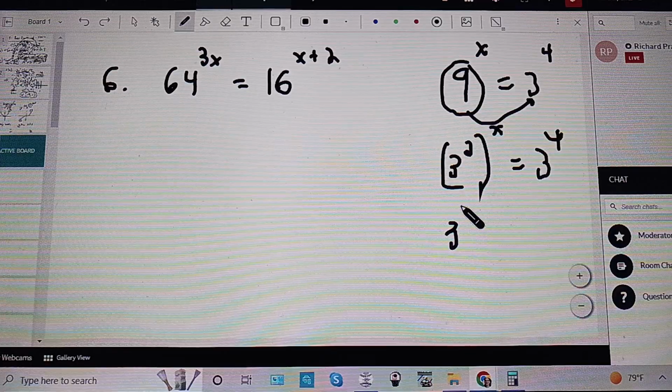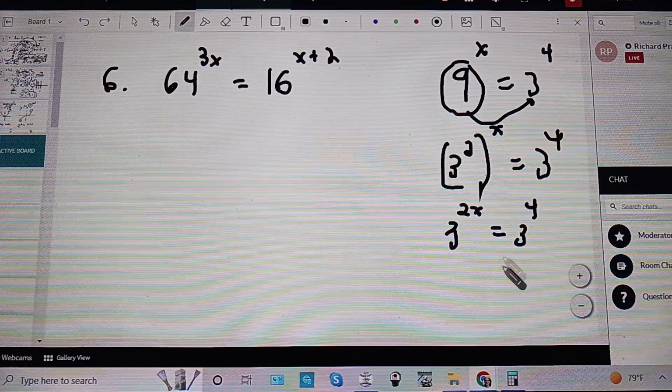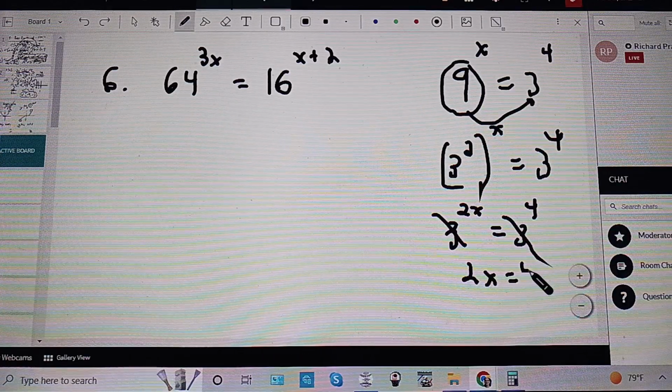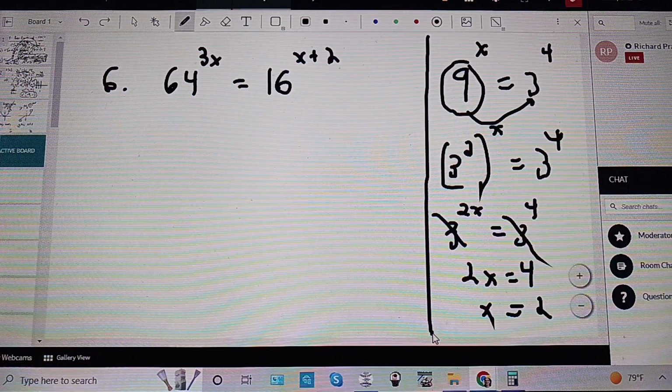So 2 times x is literally 2x. And you make the bases the same and they cross out after you have the exponents settled. And then you solve for x. This is the easiest kind because I'm able to make the bigger number look like the smaller base. The bigger base can turn into the smaller base pretty easily.